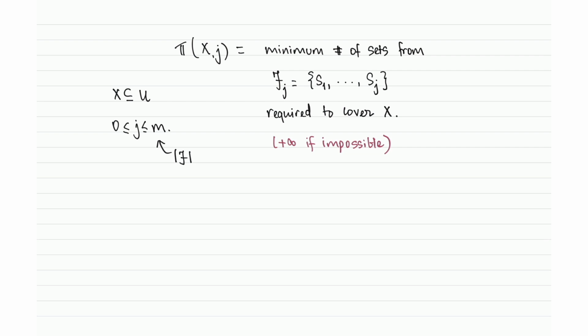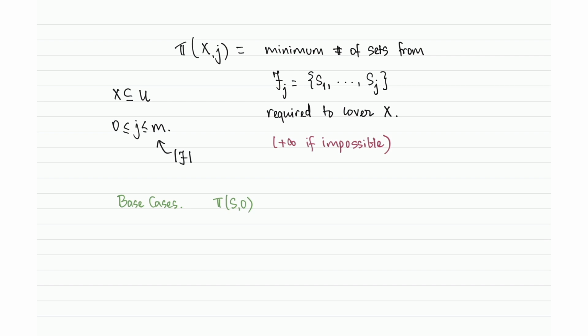All right. So with all that said, we can get started with the base cases. The smallest value that j can take on is 0. So let's try to figure out what T of s comma 0 will be for any subset s. Now clearly, if s is non-empty, then we cannot possibly hope to cover it if we are not really given anything to work with. So F sub 0 is the empty family.